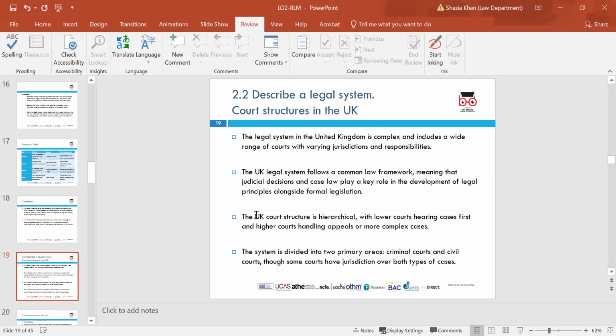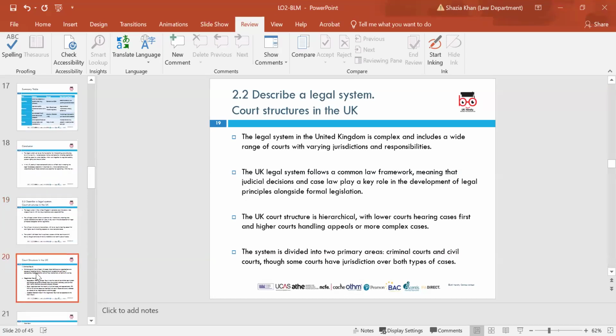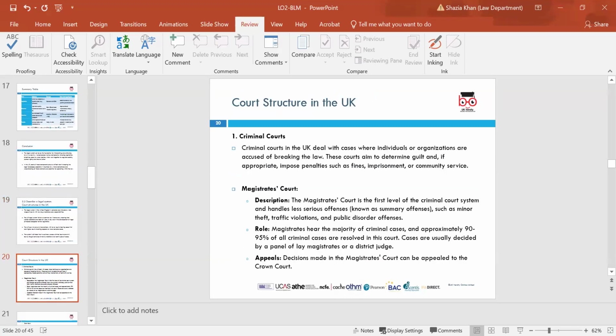The UK system follows a common law framework, which I've just mentioned, with hierarchical levels from the top level down to the lower level. It's divided into primary areas, criminal courts and civil courts, though some courts have jurisdiction over both types of cases.